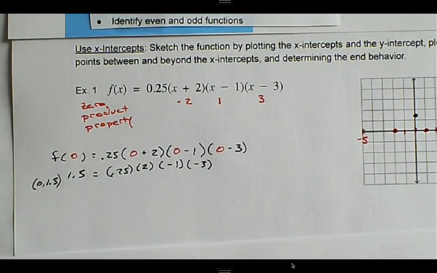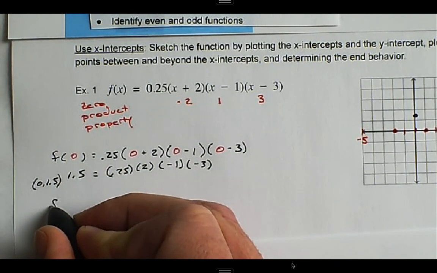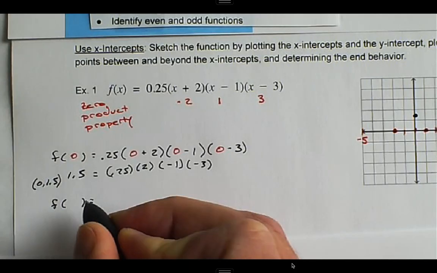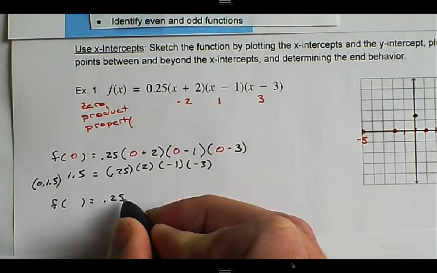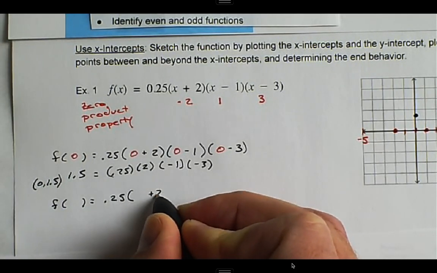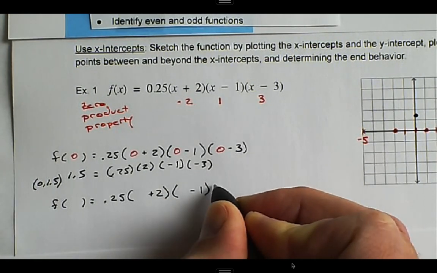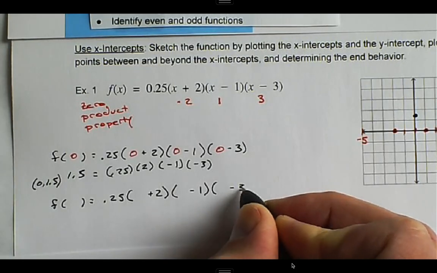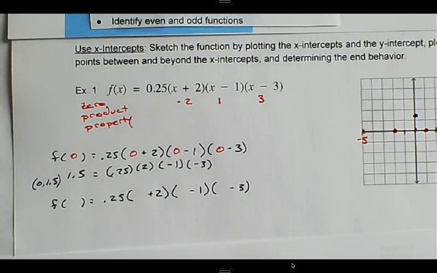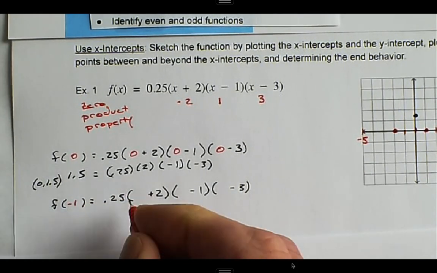Another point that we can check is negative 1. So we have the function, and we're going to evaluate it at negative 1. So 0.25 times (negative 1 plus 2) times (negative 1 minus 1) times (negative 1 minus 3), substituting in negative 1 there.